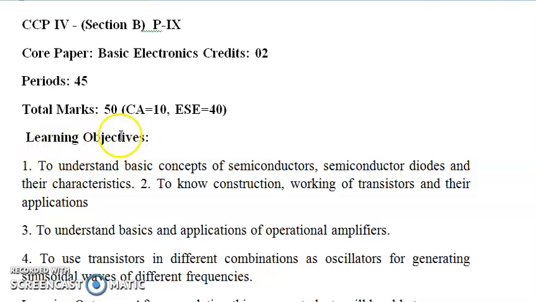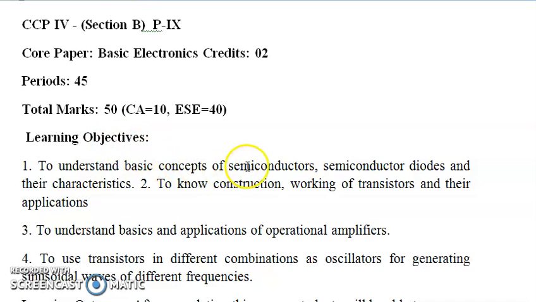The objective of this paper: it has credit to, total marks 50, continuous assessment 10 and E.Sc 40.